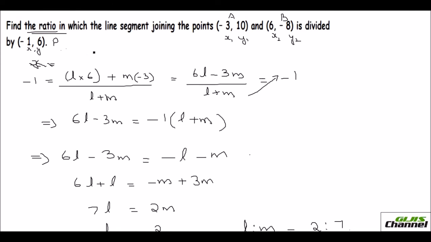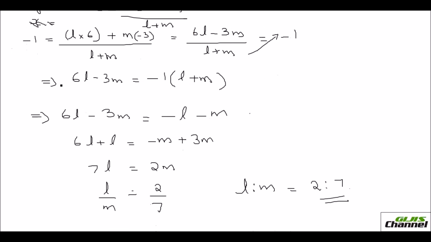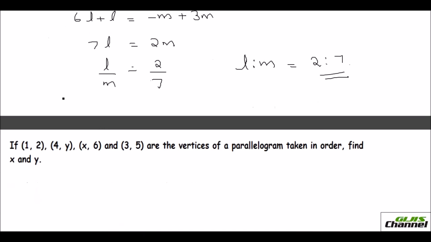I have just applied the formula x equals Lx2 plus Mx1 over L plus M. If you want, you can use y equals the same way to solve this. Anyway, the ratio is going to be the same. So I hope you understood this.